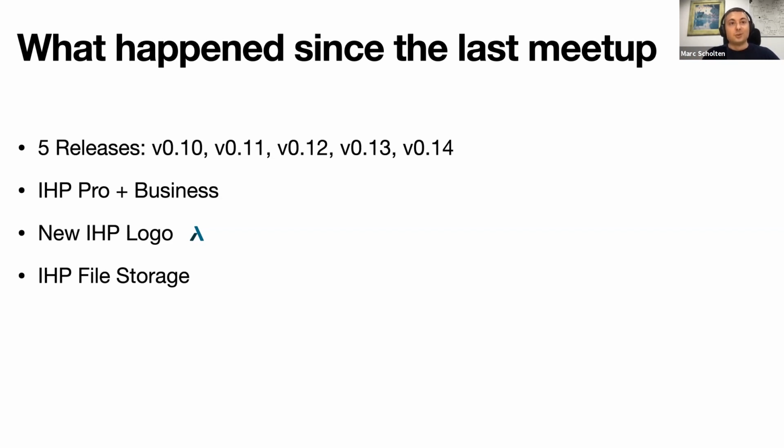The coolest thing, I think, is the new IHP logo. I really love it, and it's just a small difference, but it really looks a lot better. The initial logo was designed by me when we launched IHP a year ago. We just needed a logo, and I said, okay, we take a lambda.